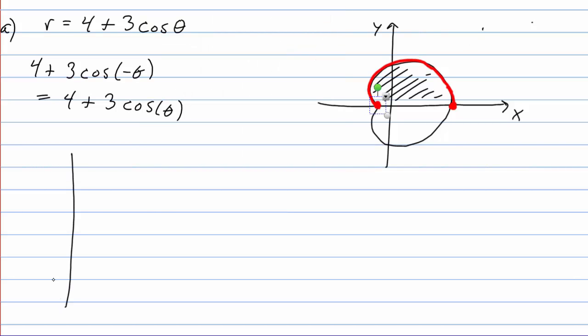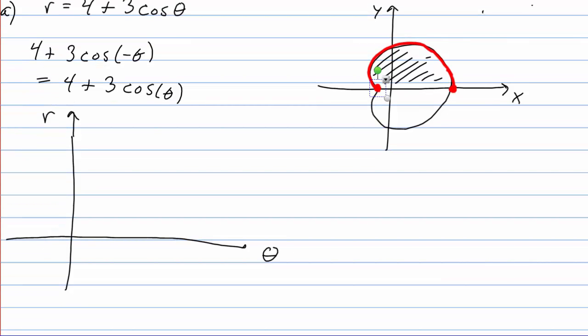In order to understand how that works, we look at the equation r equals 4 plus 3 cosine theta, and we graph it as if r and theta were Cartesian coordinates. Basically you'd be graphing 3 cosine theta, which is just a stretched out cosine, and then shifting everything up 4 units.